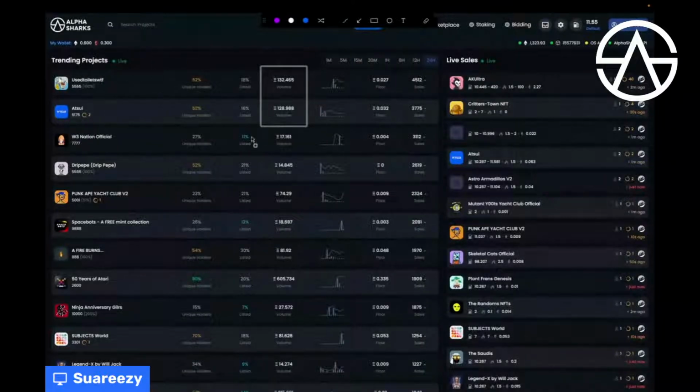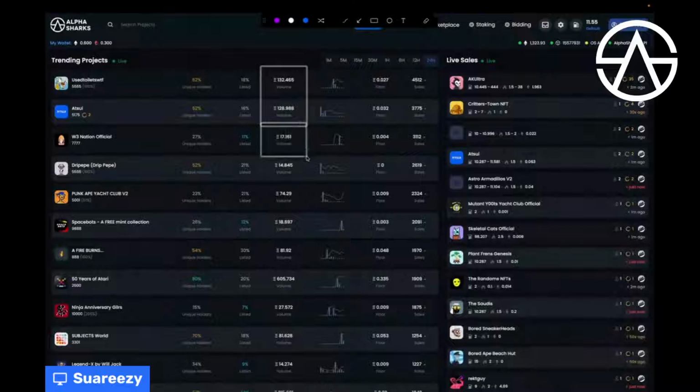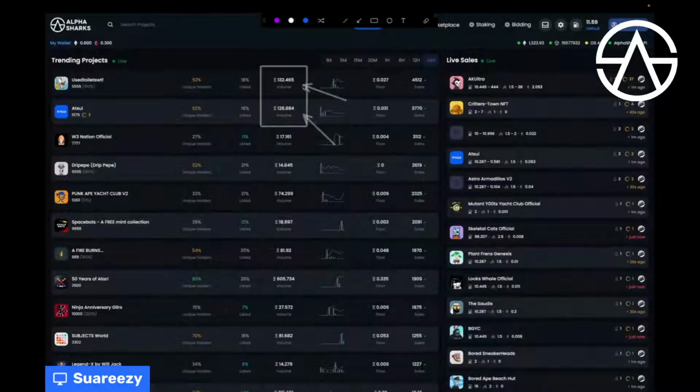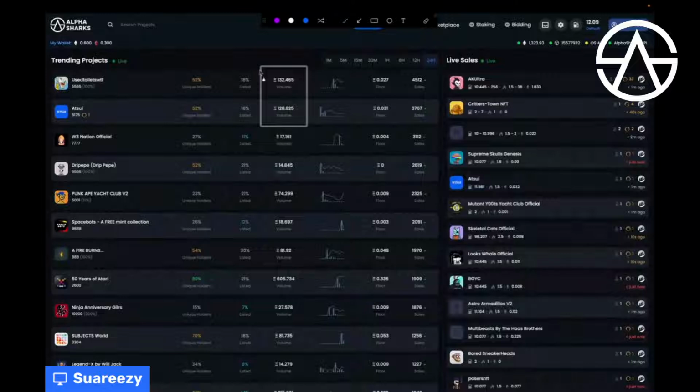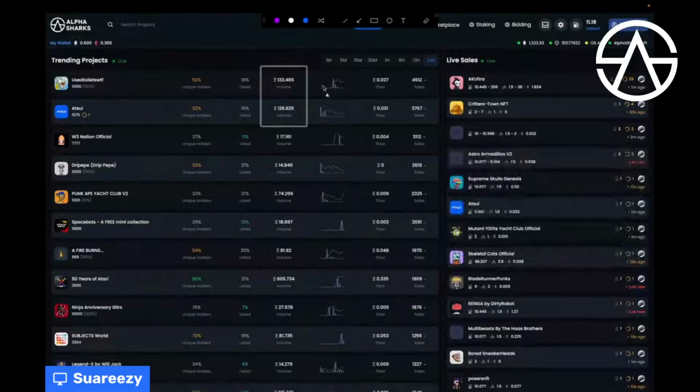But the one right beneath it has 17 ETH volume, and right below that 14 ETH. The bottom two are not going to have as much demand as the top two, so the top two projects are in more demand for the day.